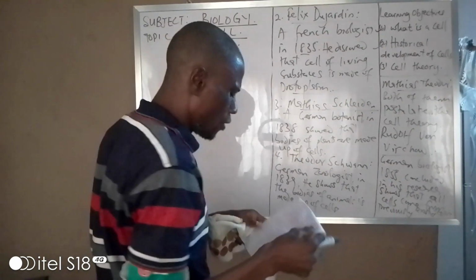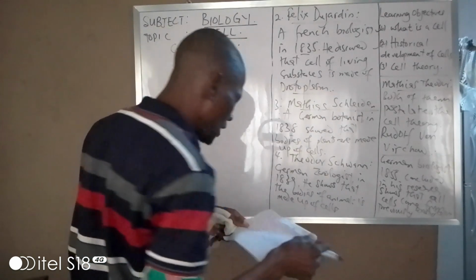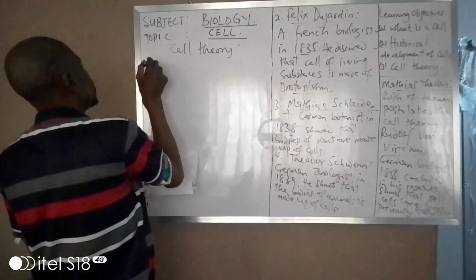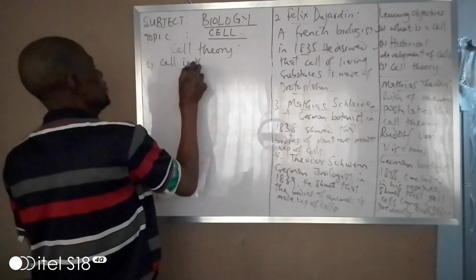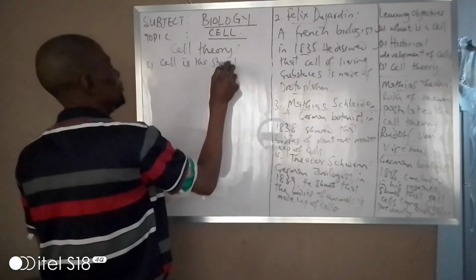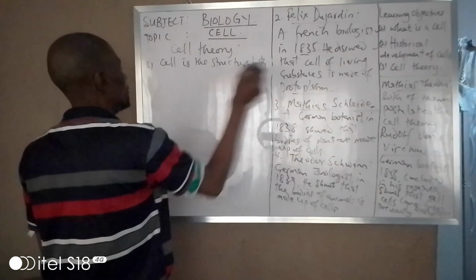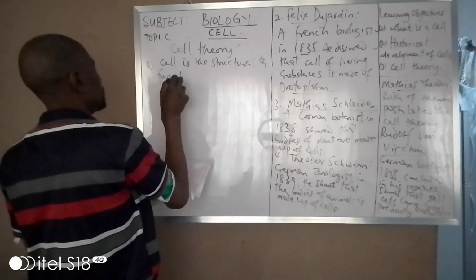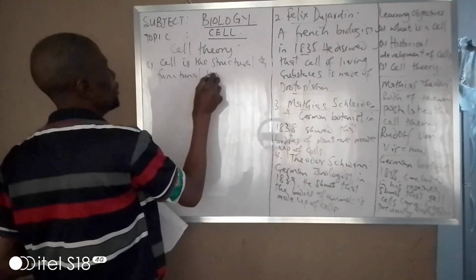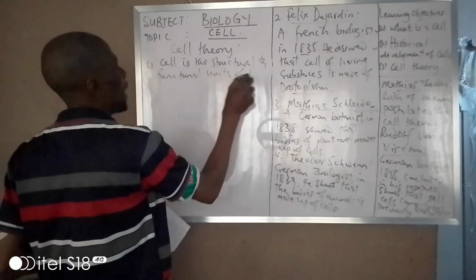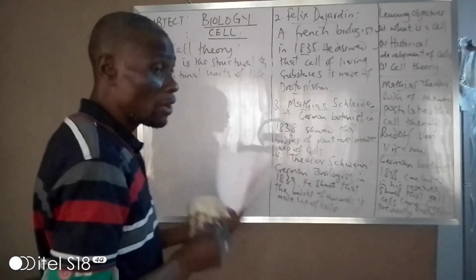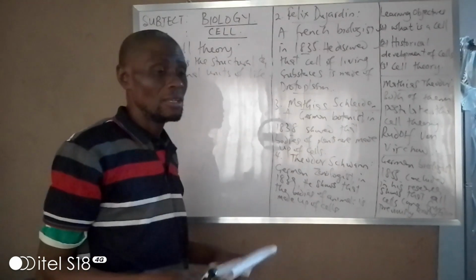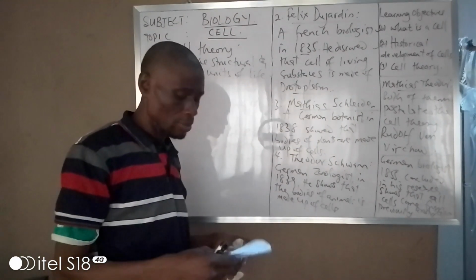We have about 4 or 5 points. Number one: the cell is the structural and functional unit of life. So all our activities depend on the cell, the feeding, respiration, and the rest.